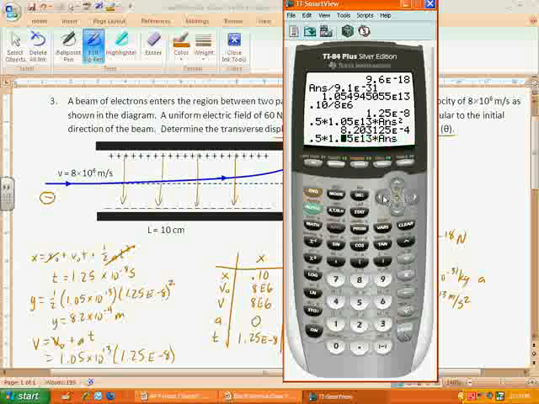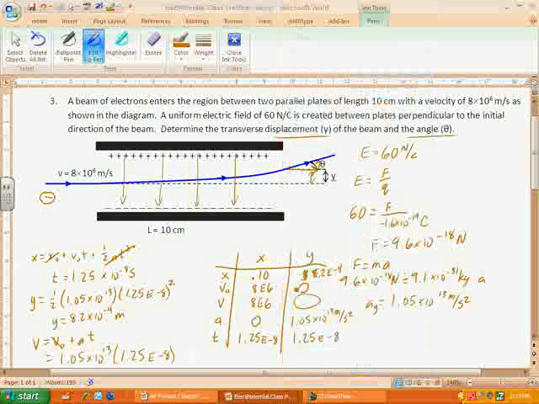Let's just do this: 1.05 e to the 13th times 1.25 e to the negative 8th. We get a velocity of 13,150.